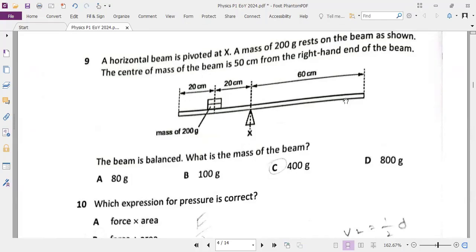It has to balance this 200 grams times 20 centimeters. So this will produce an anti-clockwise moment, and the mass will produce a clockwise moment. The clockwise moment has to equal the anti-clockwise moment, so mass times 50 equals 200 grams times 20. So 200 times 20 divided by 50 gives you 400.